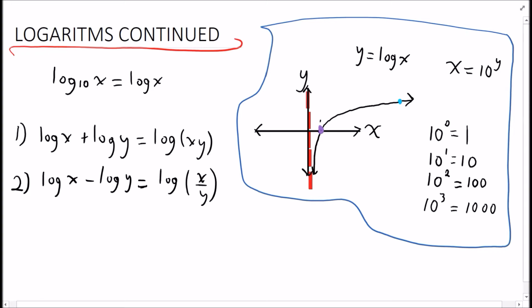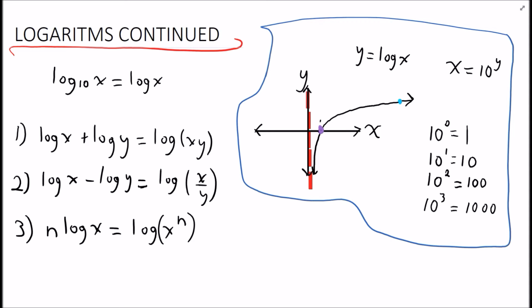And the third rule is that if we have some value in front of a logarithm, we can move that front value and make it log of x to the power of n. So n now becomes an exponent, and maybe just to be more clear, I'll put a bracket around there. It's not like log x all to the power of n. The n goes on the number that is being logged, so it's log bracket x to the n.